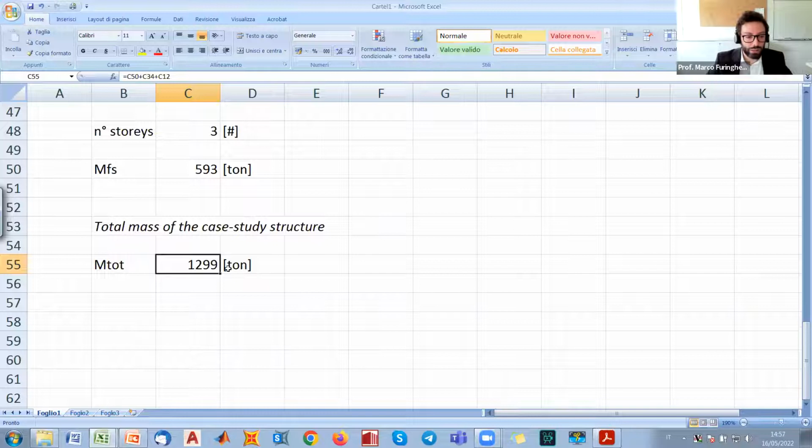So we have approximately 1,300 tons. So this is the mass for the overall case study structure.